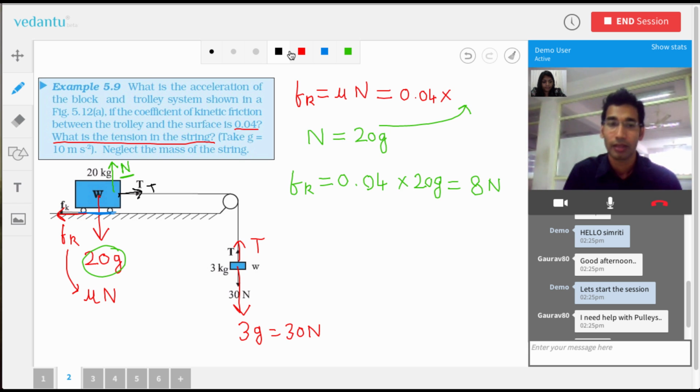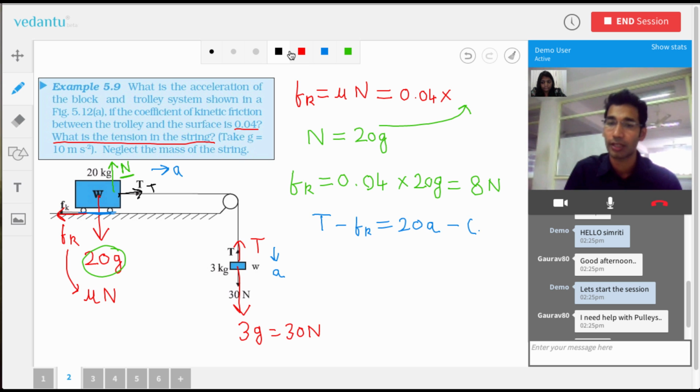Now, let's also look at the acceleration. As indicated, the acceleration of this block will obviously be in the right direction, and this will be in the downward direction. So, for the 20 kg block system, we can easily write that tension minus Fk, which is 8 newtons, is equal to mass into acceleration.